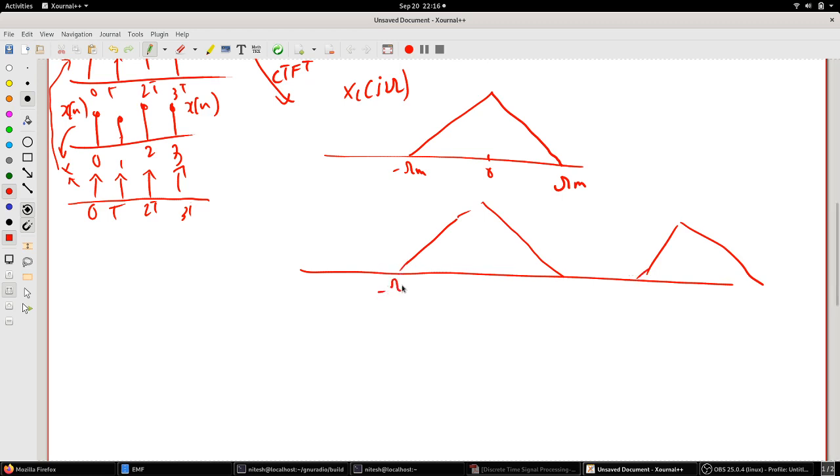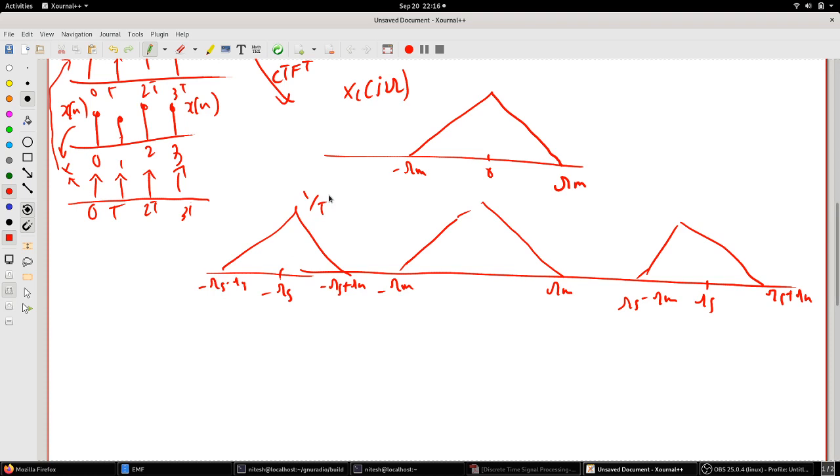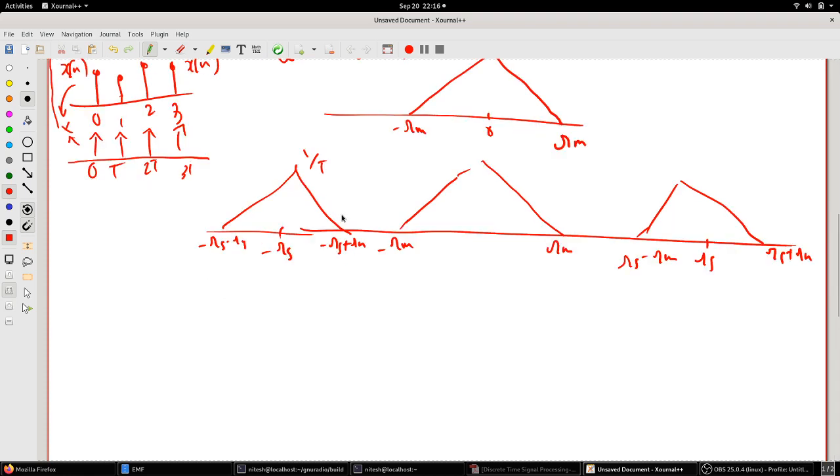So minus omega m to omega m, this was omega s minus omega m to omega s plus omega m, and so on. So this was repeating because it was a convolution operation. Okay, minus omega s plus omega m, minus omega s minus omega m, with this value of 1 by t.